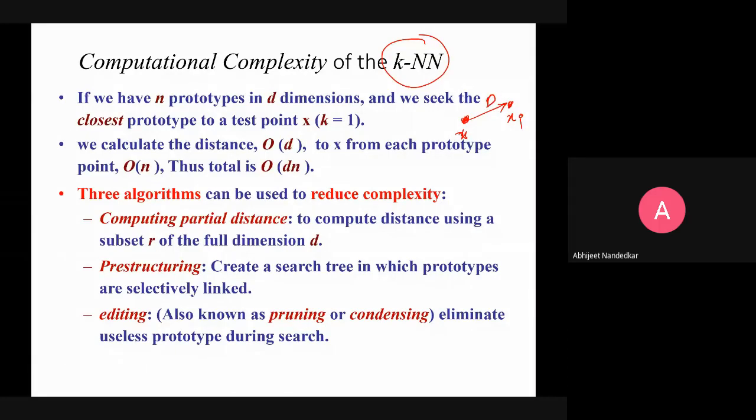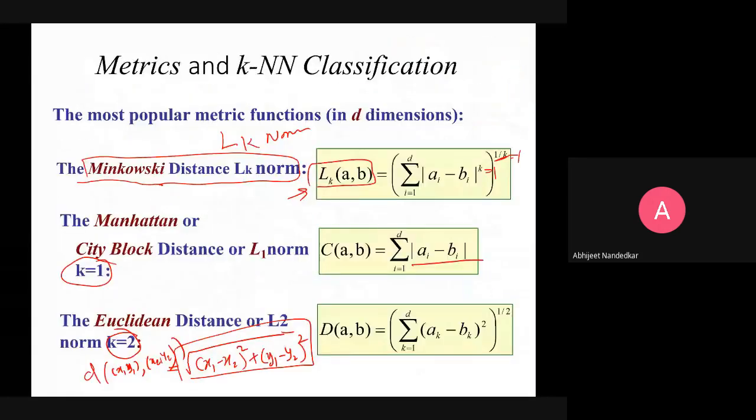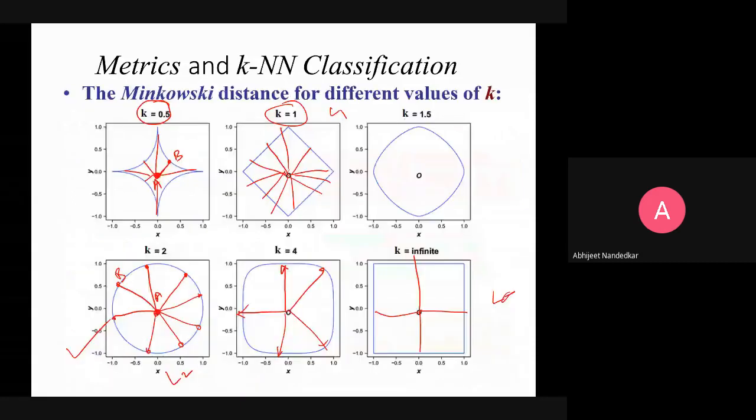The distance between 2 points, suppose these 2 points are d-dimensional. If it is two-dimensional, we have to do two computations. If it is d-dimensional, we have to do d computations.